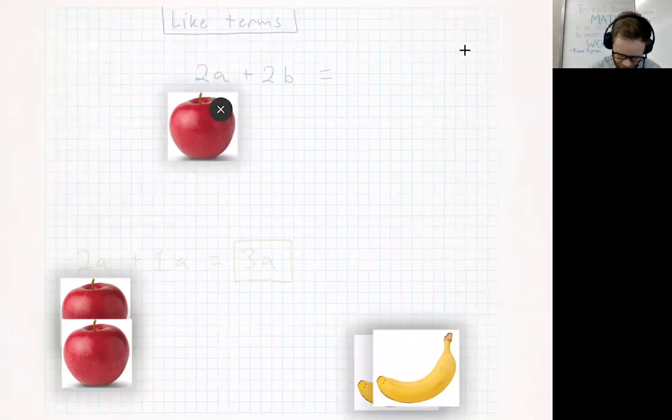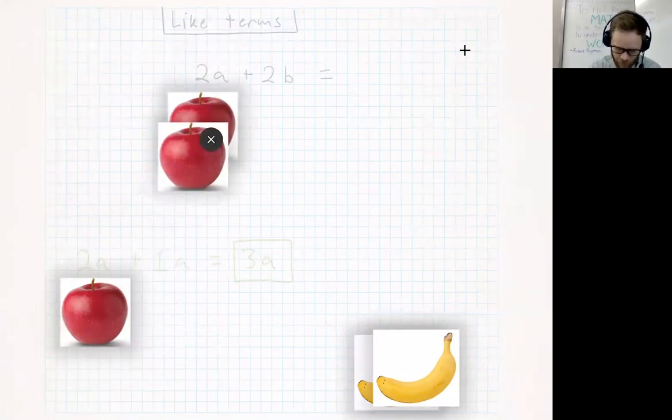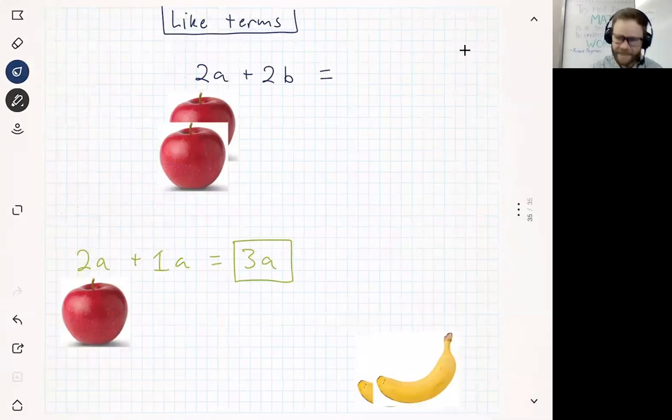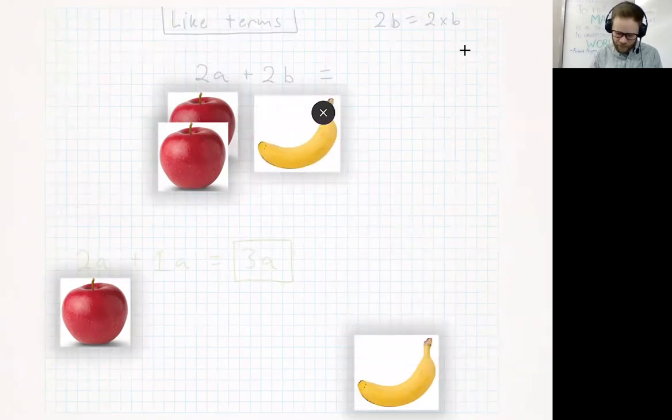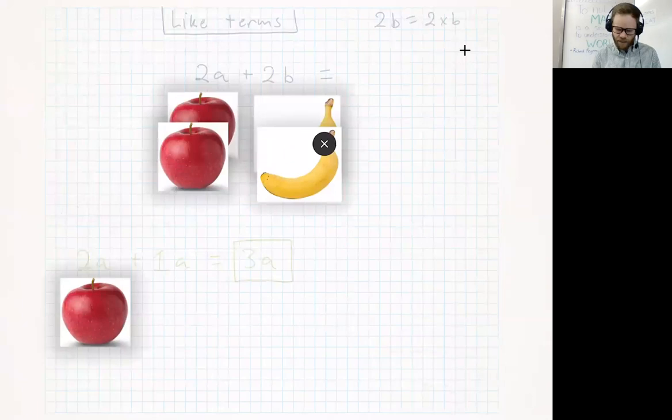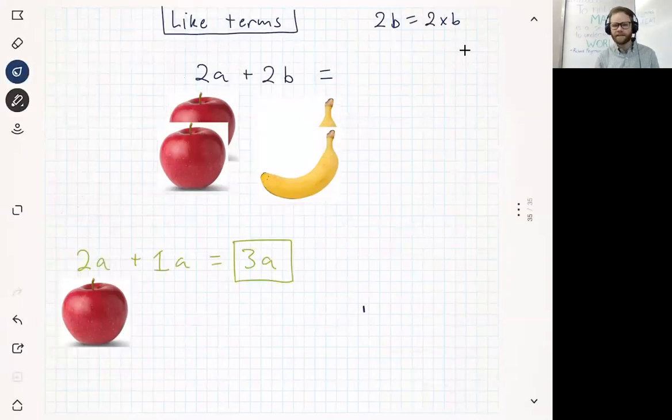So here's 2 apples. But b is a different number. Remember, 2b is 2 times b. So that means b twice. Well, maybe b is banana. So we've got 2 apples and we add it to 2 bananas.